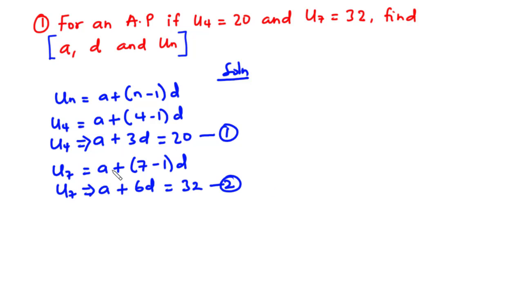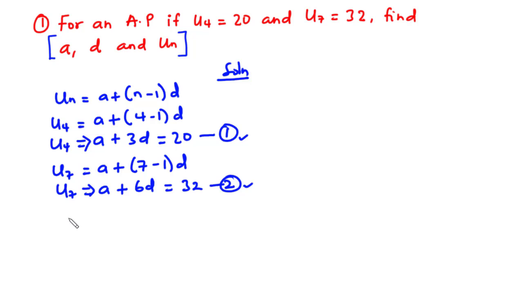Now since we have two unknowns, which are a and d, and we also have two equations, we can find the values of a and d respectively. So we can use the elimination method to do away with a, so that we find the value of d, and then we can substitute the value of d in any of the two equations to find the value of a.